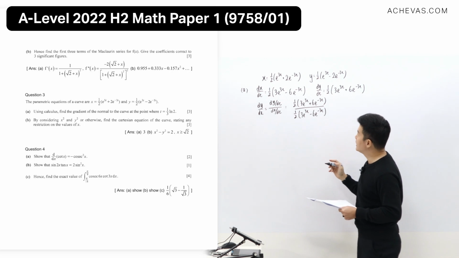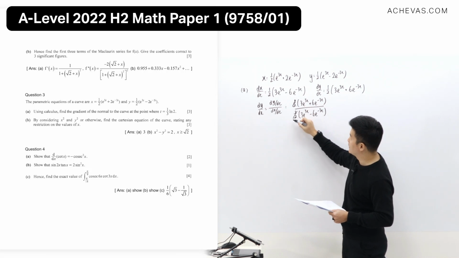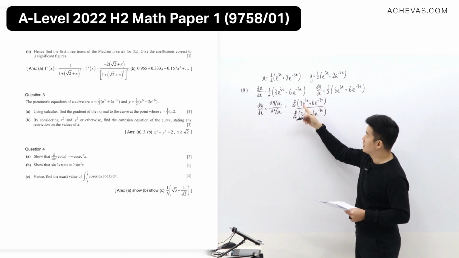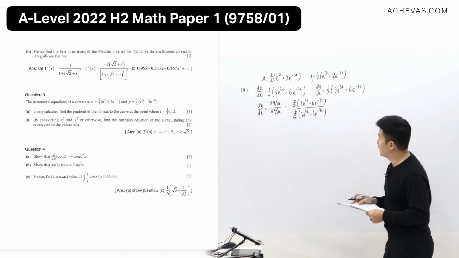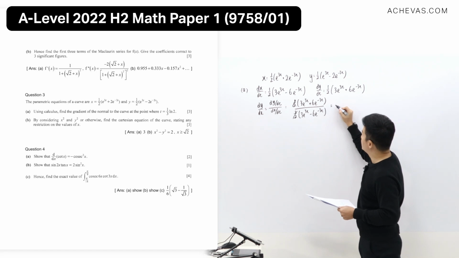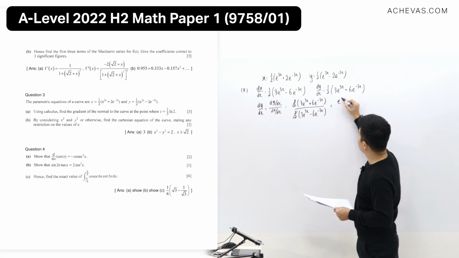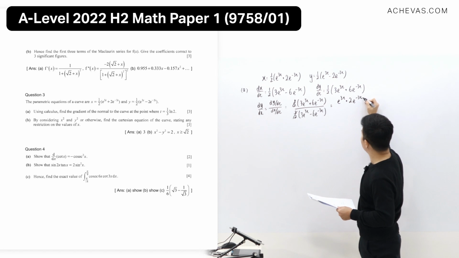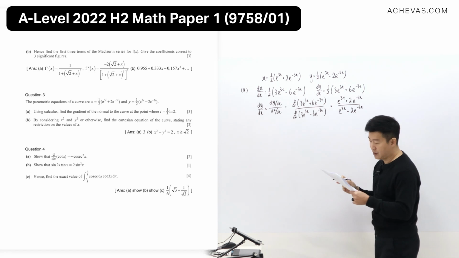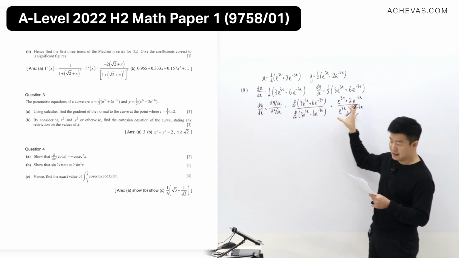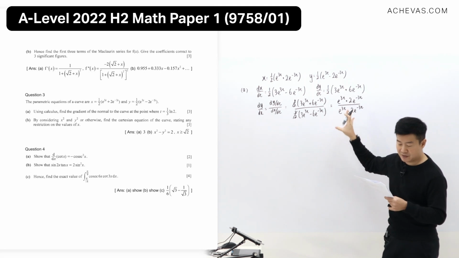In fact, other than crossing this away, we can also divide the numerator and the denominator by 3 at the same time, which will then leave us with e to the power of 3t plus 2e to the power of negative 3t divided by e to the power of 3t minus 2e to the power of negative 3t. I'm going to leave it as it is in terms of this expression here.